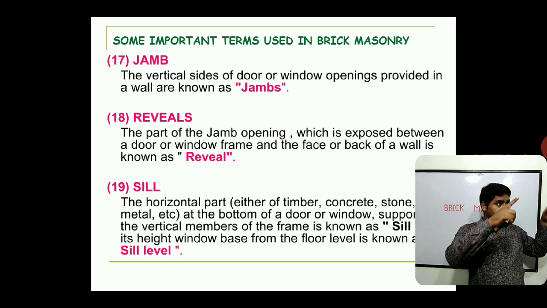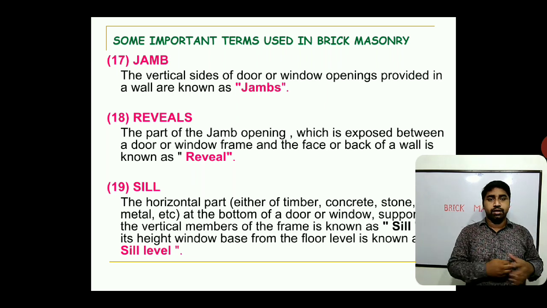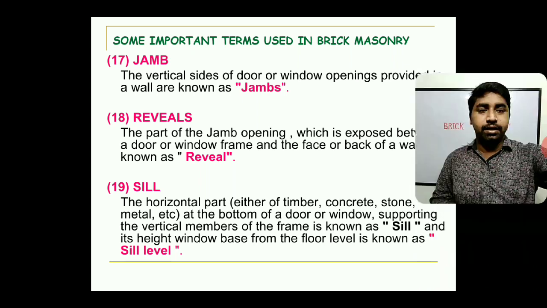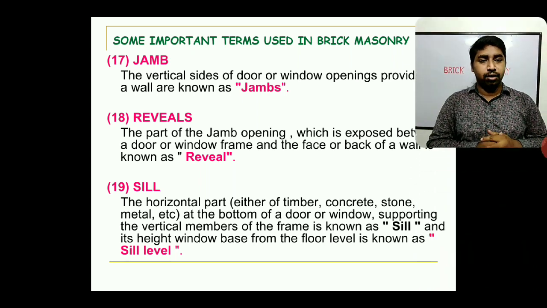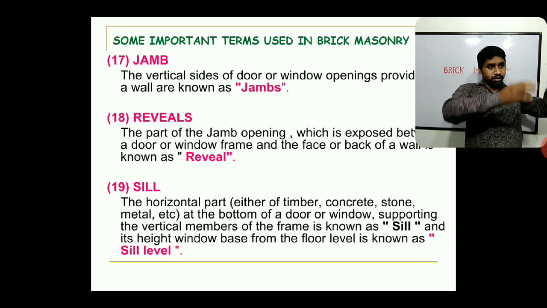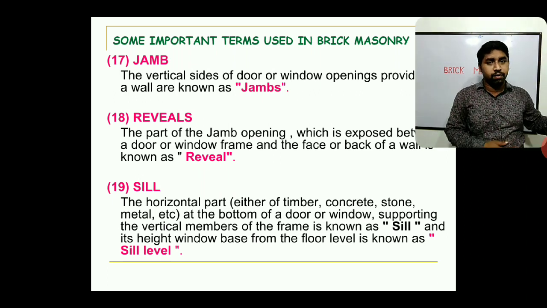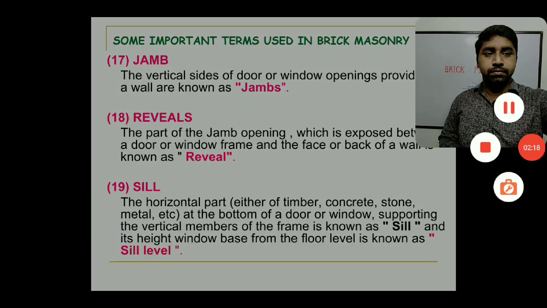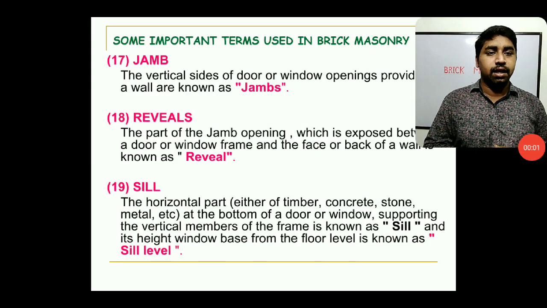So in between the door or window frame, if there is a wall, that is what we call reveal. Next is sill. The horizontal part, either of timber or concrete or stone, at the bottom of the door supporting the vertical members of the frame is known as sill. Means the bottom one. For a door frame we will be having a bottom one, that is what we call sill. Bottom one is called a sill.